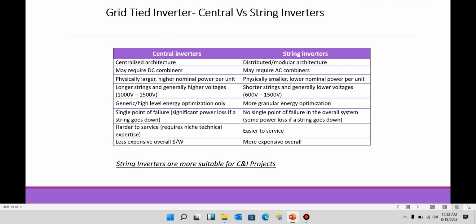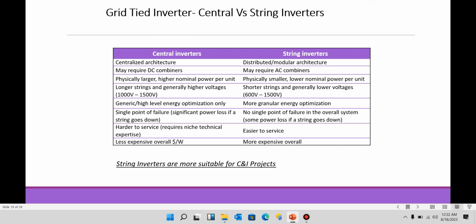The central inverter requires DC combiners to make the voltage and current as per the requirement of the inverter, whereas a string inverter may only require AC combiners because it already has a modular architecture.